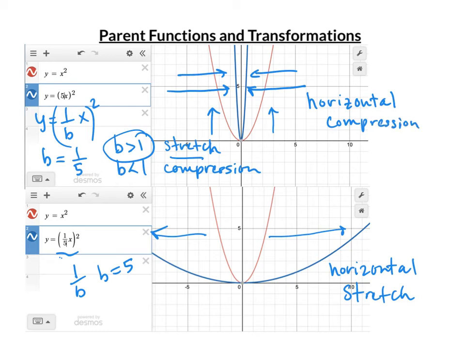You can pause that, look at it, think about it. Horizontally, things are being pushed away from the y-axis. So that makes it a horizontal stretch. And then you should be thinking to yourself, oh, wait a sec here. Things are being pushed towards the x-axis. So vertically, this is a compression. Yes, a lot of times, a horizontal stretch is the same thing as a vertical compression.